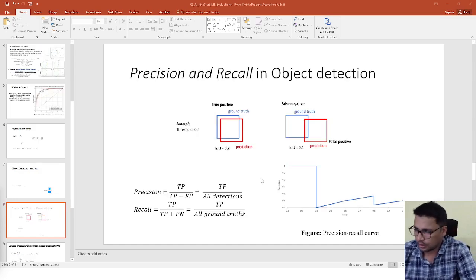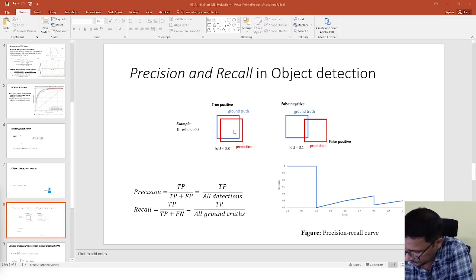Okay. Now another is precision and recall, and we can see the formula here: precision is true positive divided by true positive plus false positive, and recall is true positive divided by true positive plus false negative. We already discussed that we have the threshold of 0.5, and in this case the IOU is equal to 0.8, and that's why we treat this detection as a true positive.